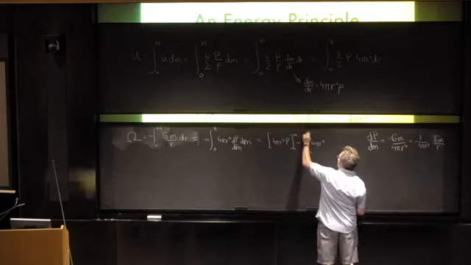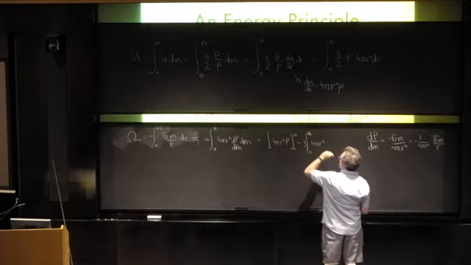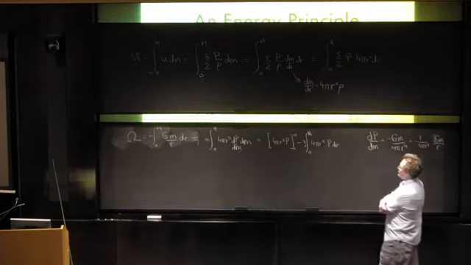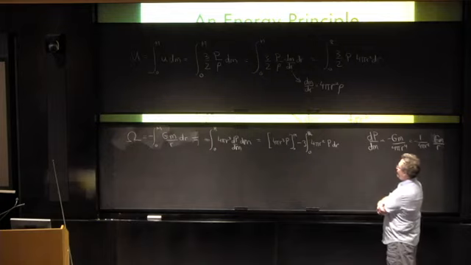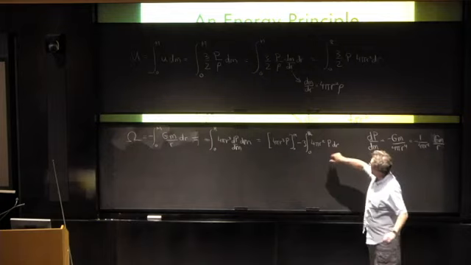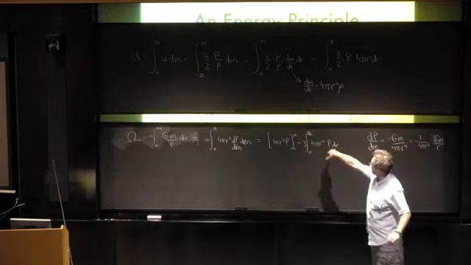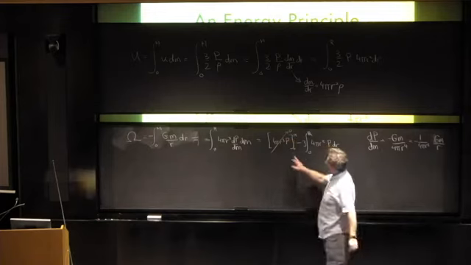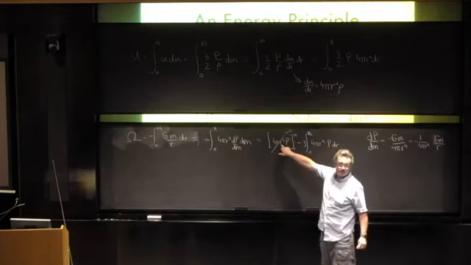That's going to go up to R now. I've actually switched, in this integral, from mass to radius. In this first term, we can actually neglect this, because at the center of the star, the radius goes to 0.